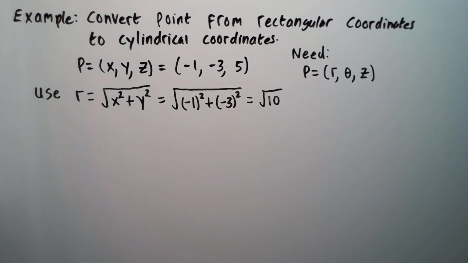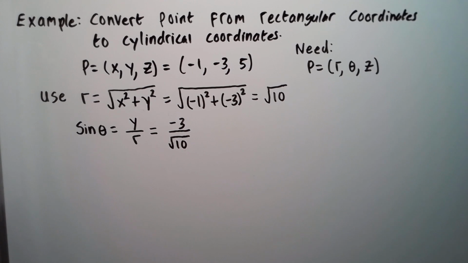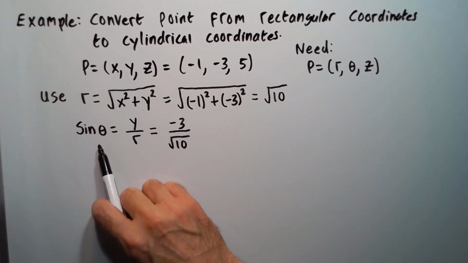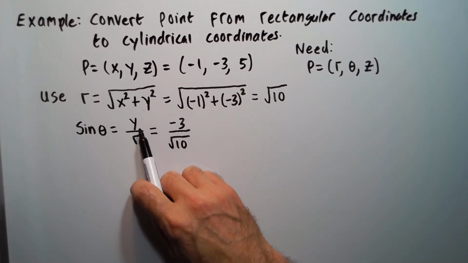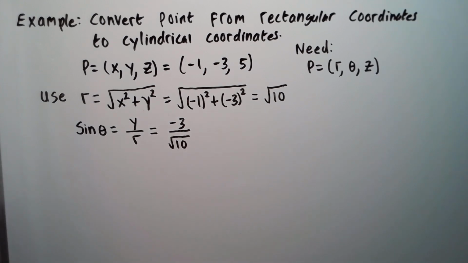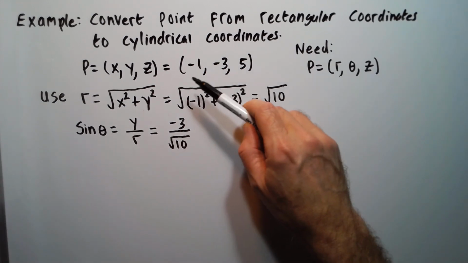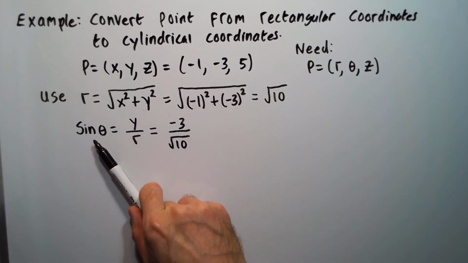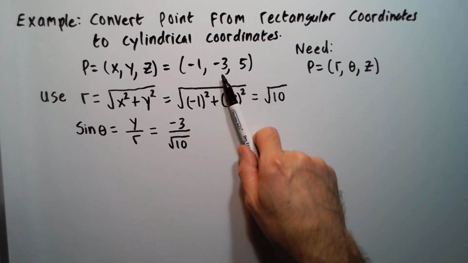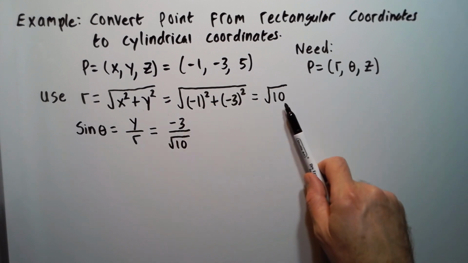So let's use our cosine and sine. Sine is y over r, as we derived from the first picture when I derived the cylindrical coordinates at the beginning. So the y is -3, the r is the square root of 10.